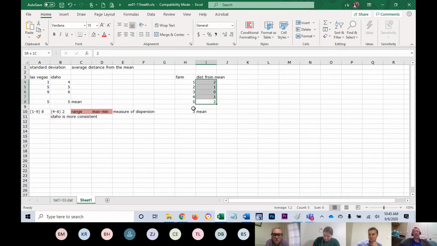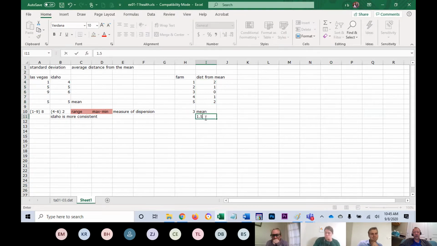Now I just want you to look at these numbers for a minute, and I don't want you to do any hard math. I want you to guess. If you were to guess, what was the average distance from the mean between those 5 numbers? What would you say the average is roughly? About 1.5. Yeah, 1.5. So that would be our guess, and that's actually a really good guess.